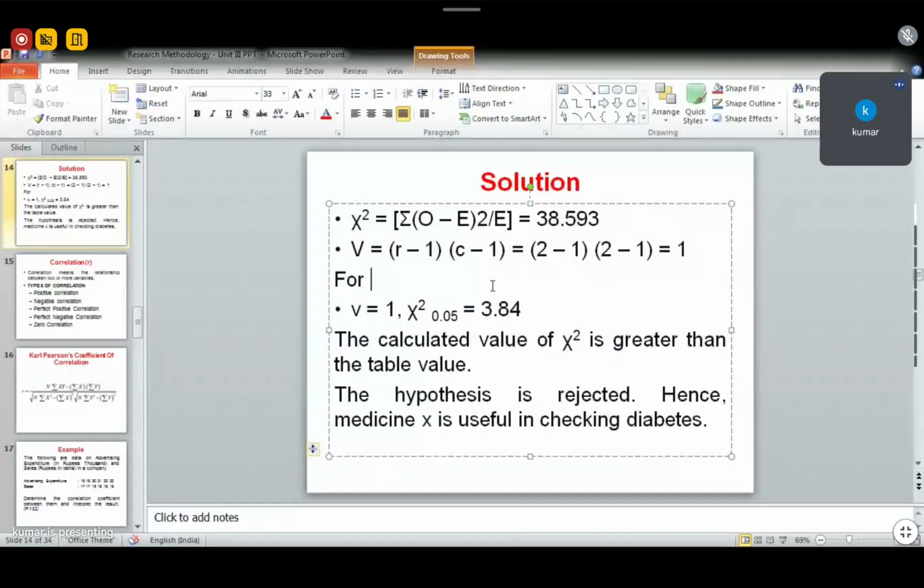The other one: when the calculated value is less than the table value, the null hypothesis is accepted.